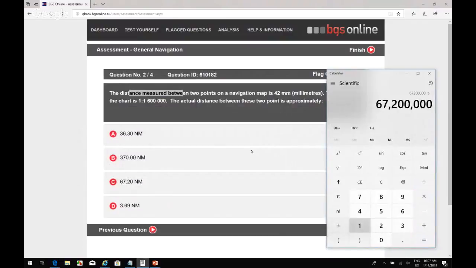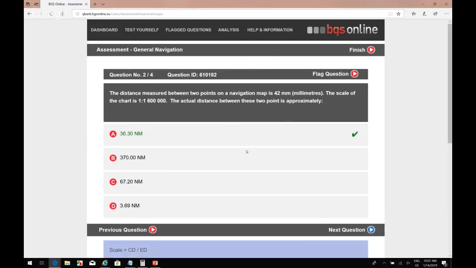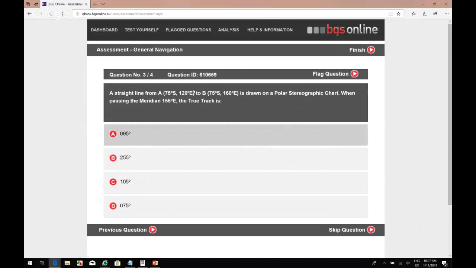We'll divide by 1,852. And divide by 1, that's centimeters. Divide by 10 for millimeters. So 36.285, 36.3. Correct.